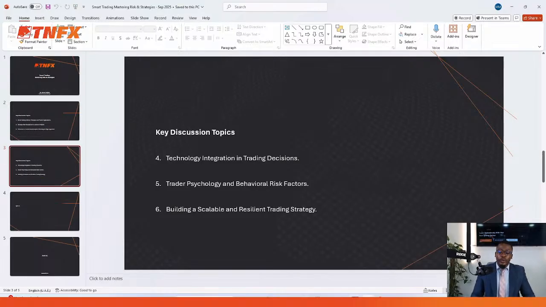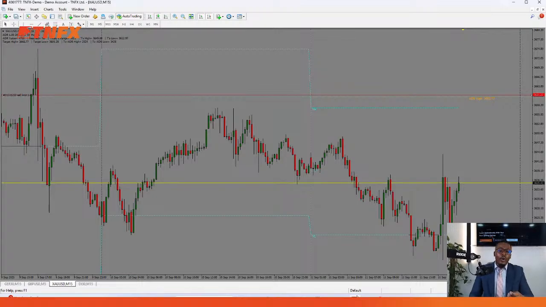If you can take a look at this chart, now I'm going to give you a typical example. It has a lot of technology plugged in. So we have plugins that are commonly used to be connected with the MetaTrader 4 and 5 platform.